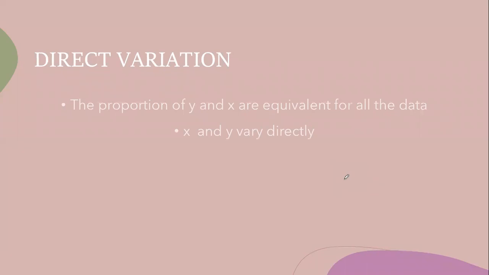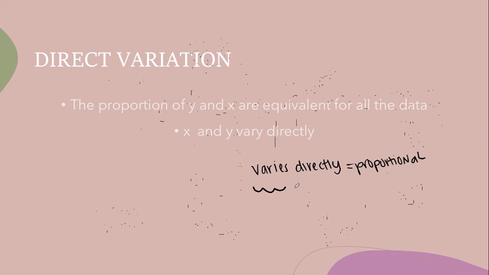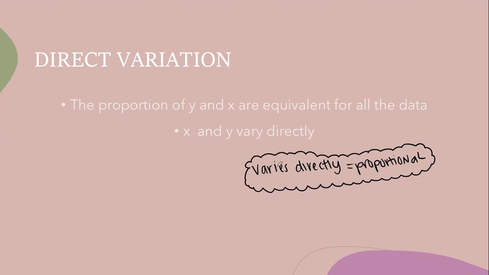All right. Last thing, and then I'm done. Direct variation. If something says it varies directly, that means it's proportional. If you write anything down, this is what I need you to know: if something varies directly, that means it's proportional.